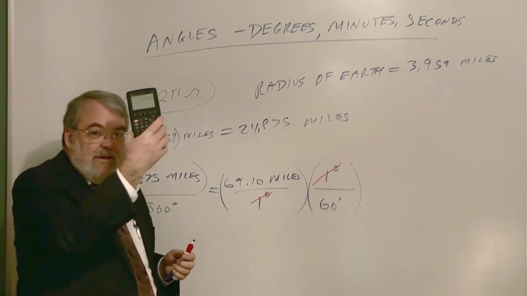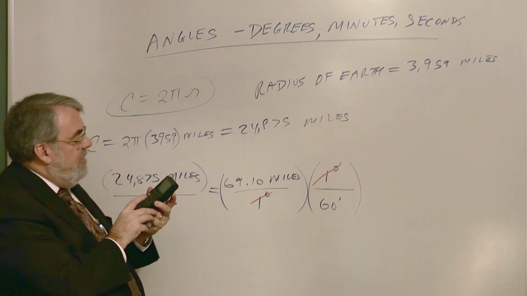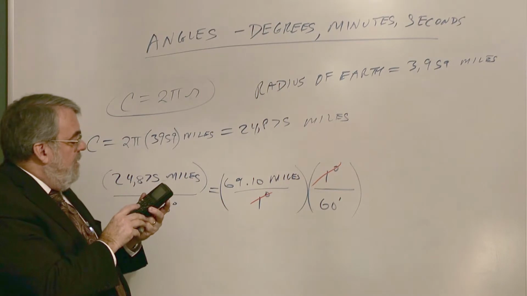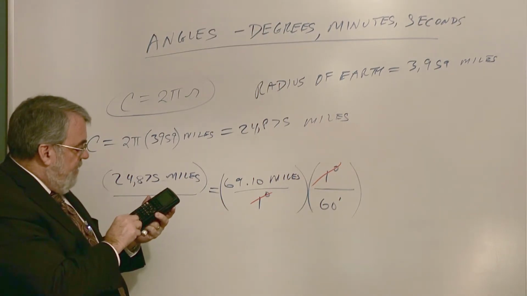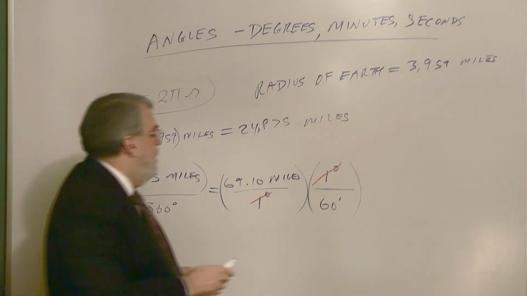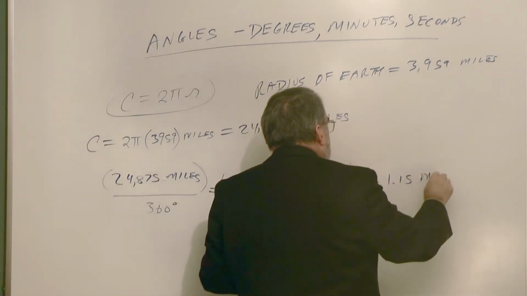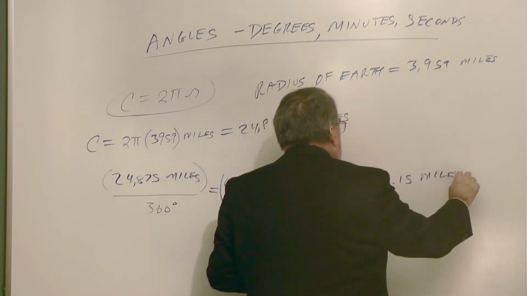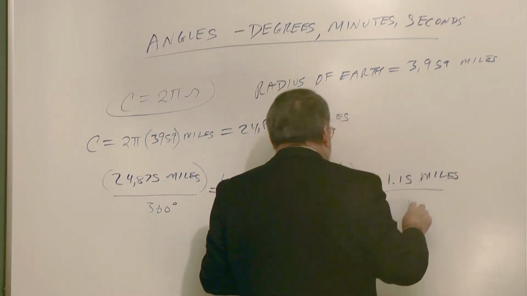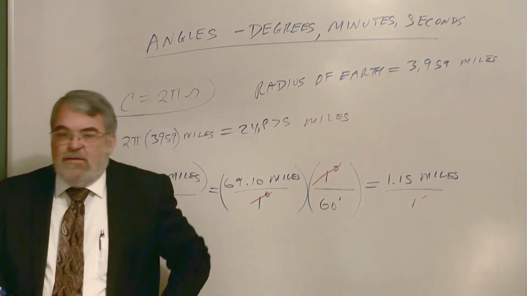Using all the decimals in my calculator, I still have 69.09722222222. If I divide by 60, I get 1.15. It's about 1.15 miles per degree. I'm sorry, per minute. So 1 minute of arc is a little over a mile.